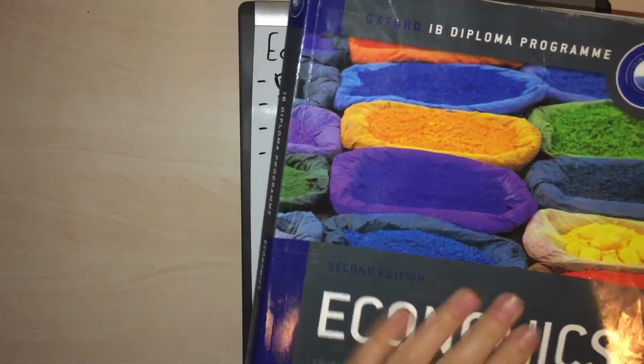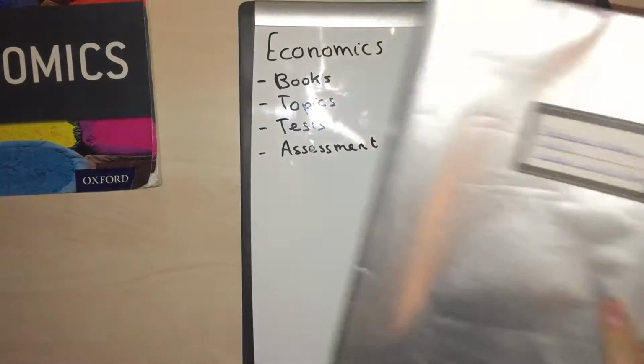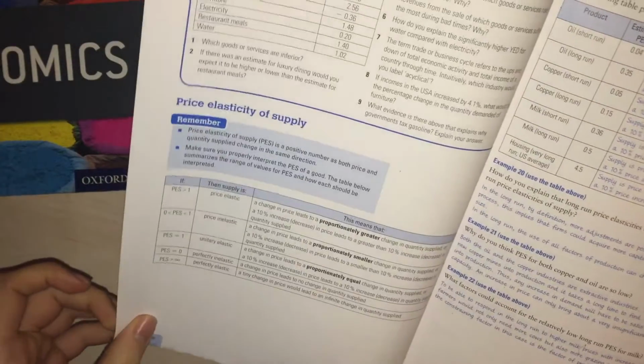Next to the main course companion, we use a study skills book, which is actually kind of a weird book because what it does, it asks questions and then it provides the answers to the questions. And at the end there are just questions without answers.